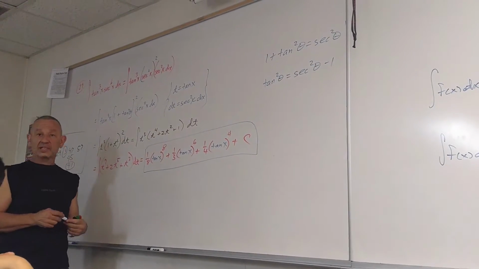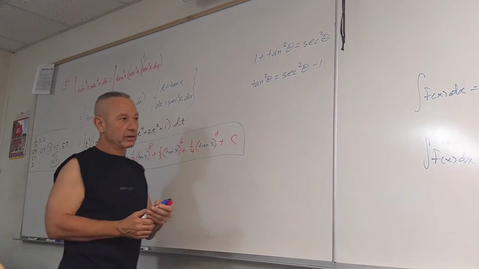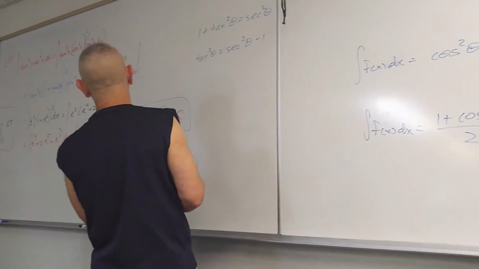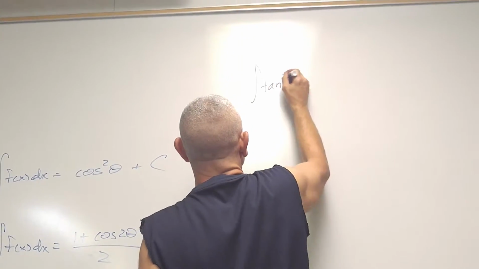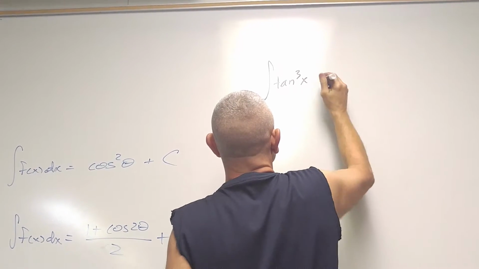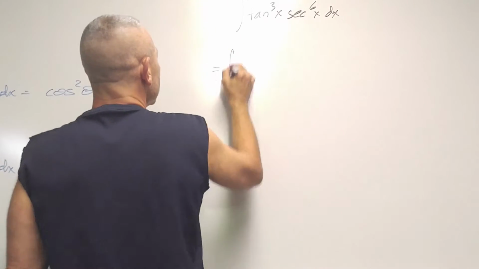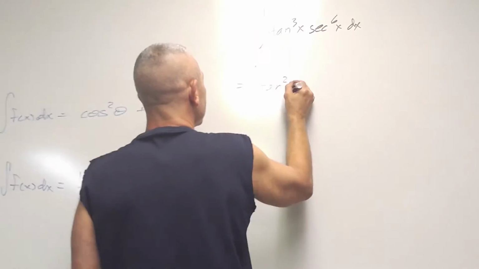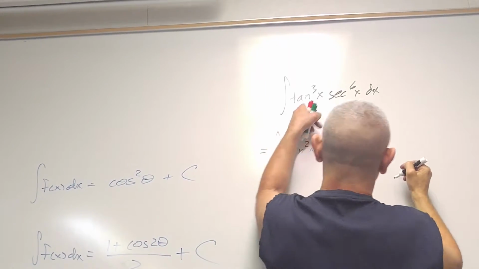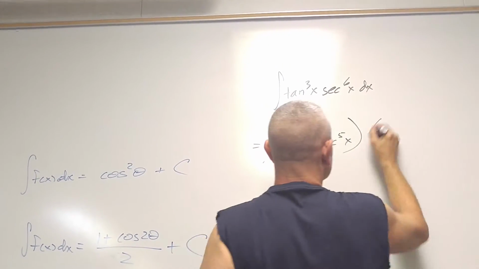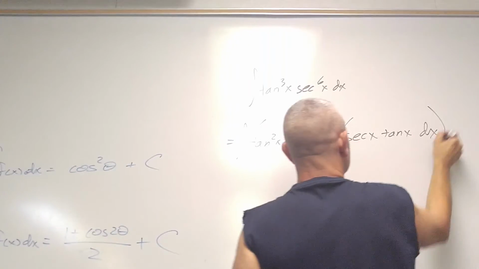And very likely that's what you did. Here's another way of doing this problem. What was that, tan cubed? Secant to the 6. So what I could have done here is rewrite this as tan squared, secant to the fifth, then factor out one tangent and one secant, and have secant x tan x dx.